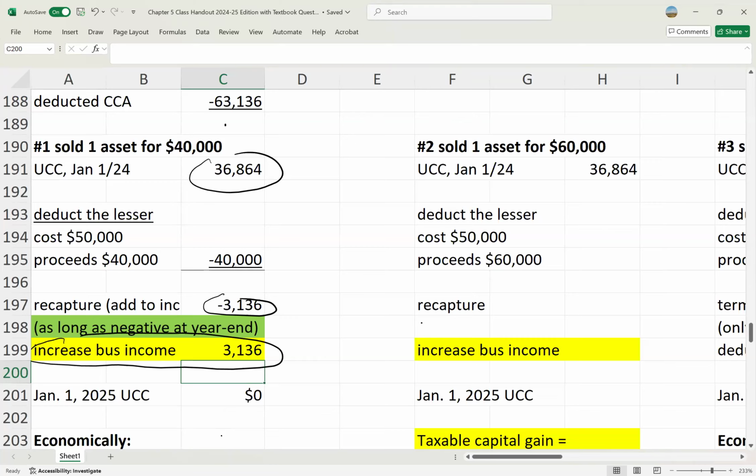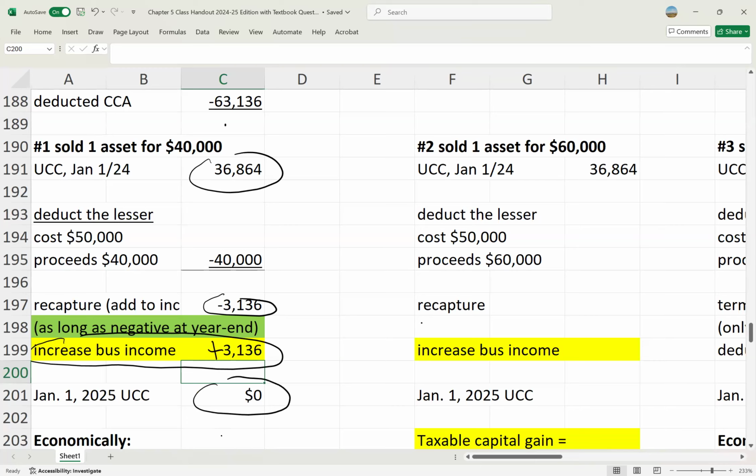But let's say we did not buy any new assets, so it remained negative at year end. We cannot have a negative balance, so in order to get rid of it, we have to add 3,136, and that addition will increase our income. Rather than deducting CCA, we are going to add 3,136 to our income to bring this balance to 0.